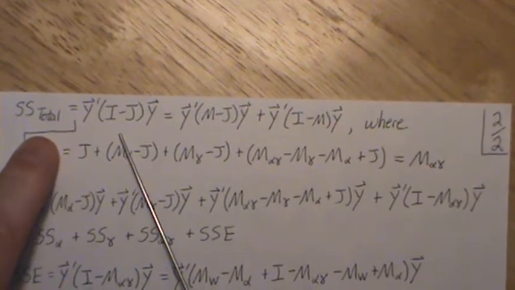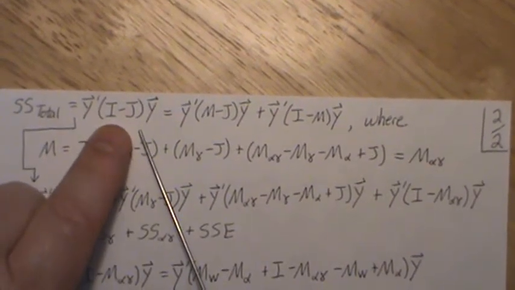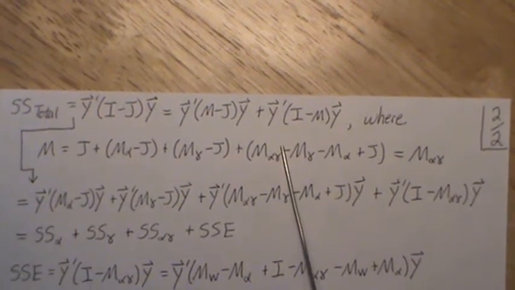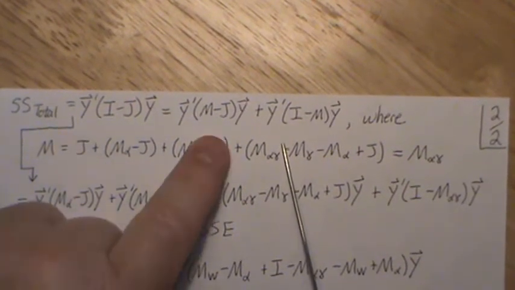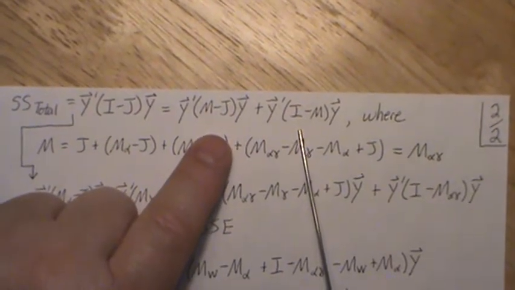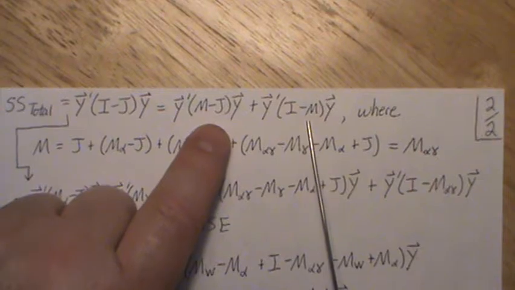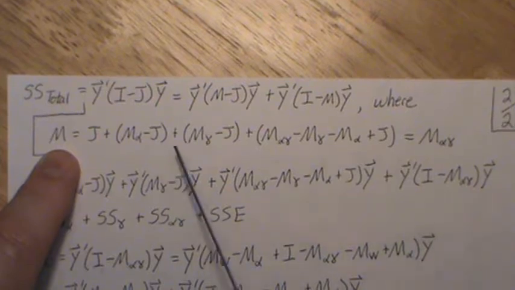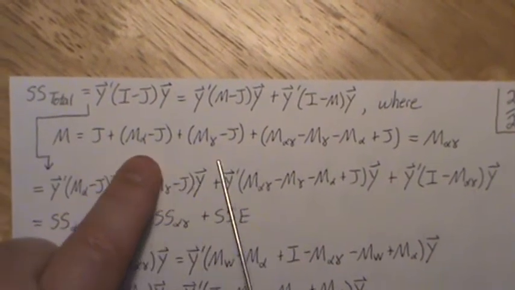And we actually do the same thing. The sum of squares total is this. We add and subtract m, the perpendicular projection matrix onto the x. Remember, the design matrix is a little bit different, since it's a different split plot design model. So it's here. Then m for this split plot CRD design was this, right?